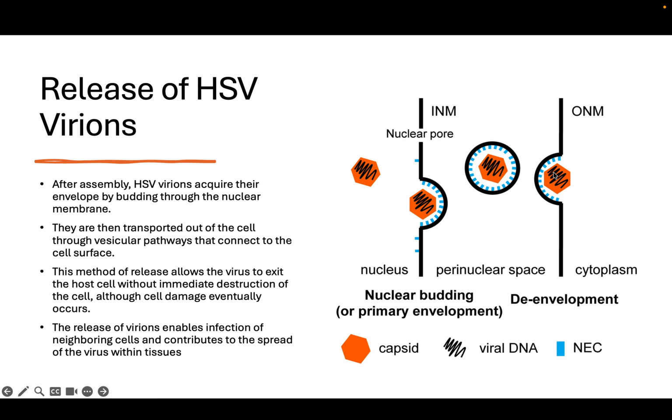Usually, no, it's still surrounded by a membrane. When it moves outside, this budding off usually does not kill the cell. This is very important because it keeps these cells alive in some way to maintain the latent infection.